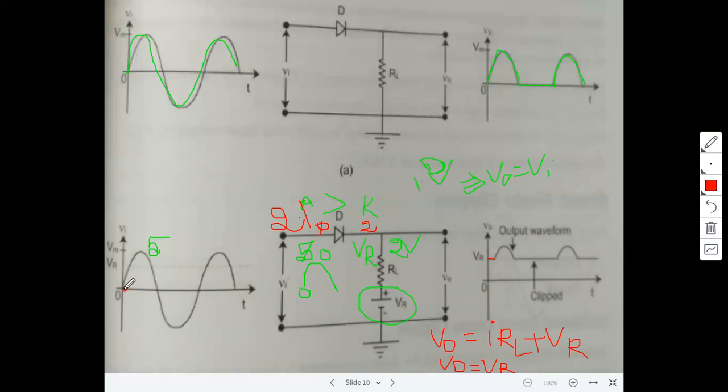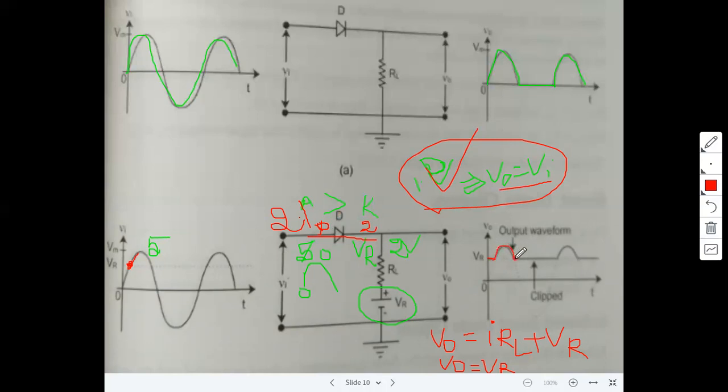It is a sinusoidal signal, so at one point, in this condition, the input signal is greater than the reference voltage. Now the diode D is on, because the anode is greater than the cathode. When the diode is on, V0 is equal to Vi. Simply, the output follows the input.